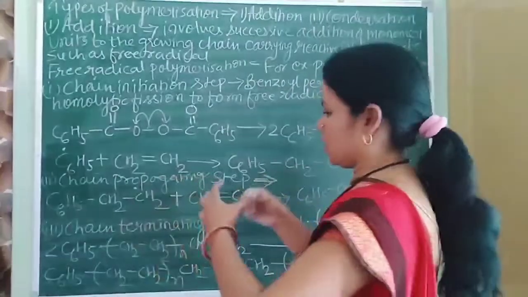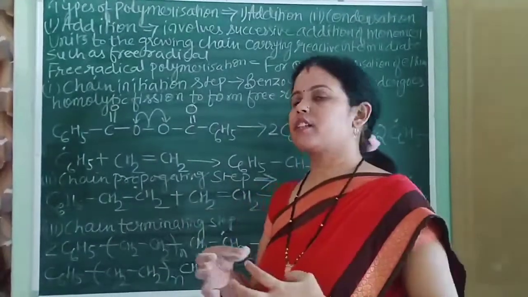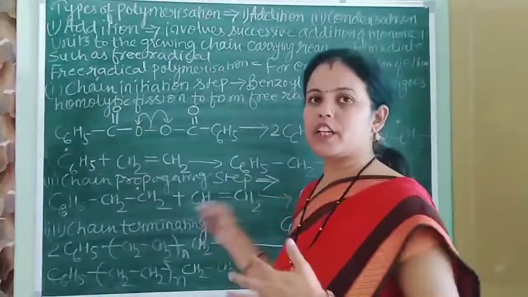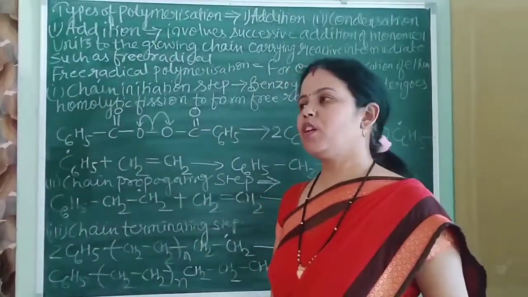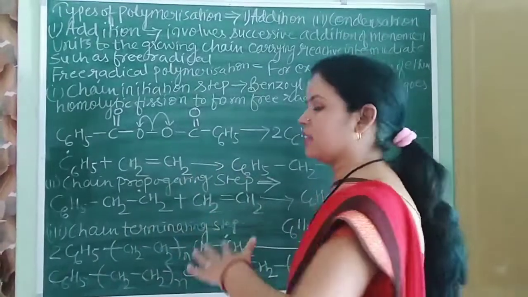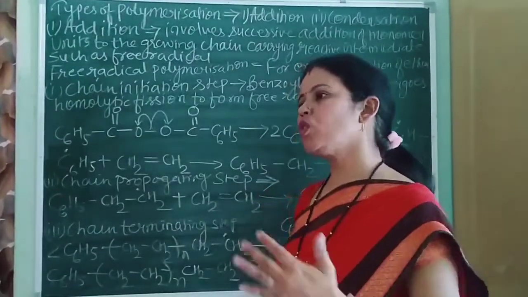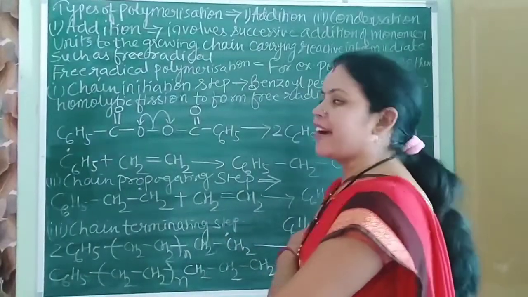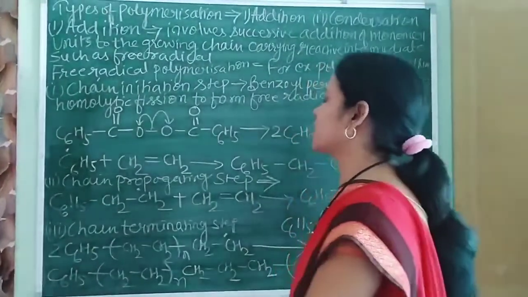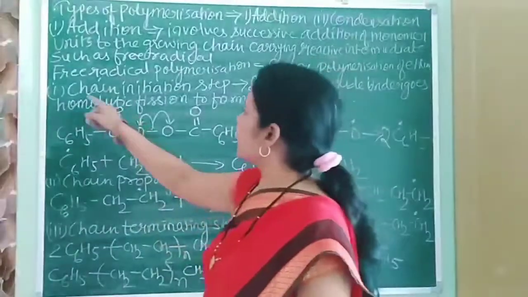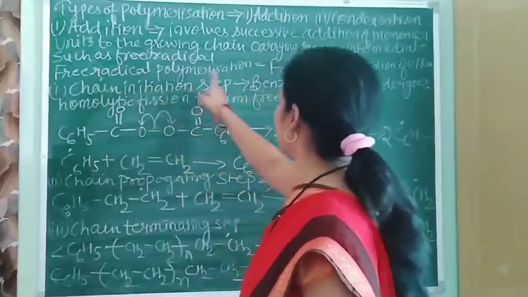Here two monomer units simply add without elimination of any molecule, and this occurs in chain steps through the free radical mechanism. So we will see the mechanism of addition reaction, free radical polymerization.